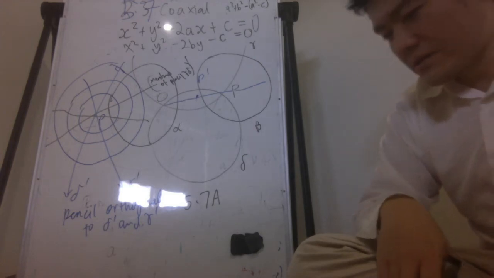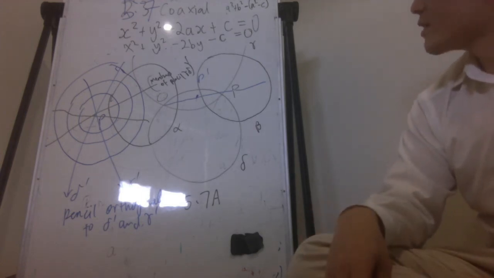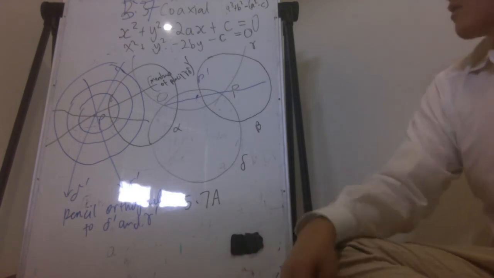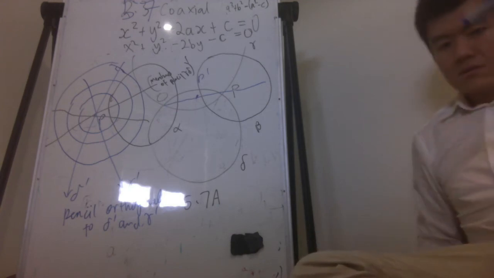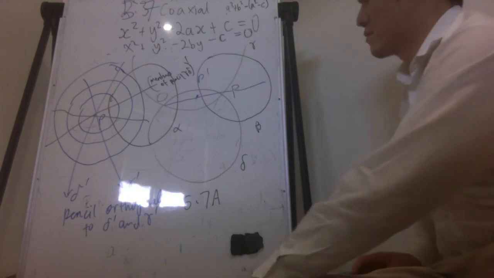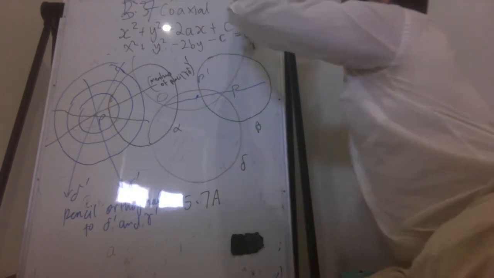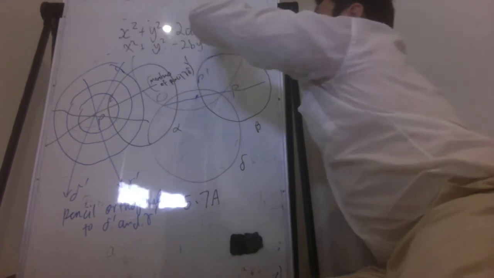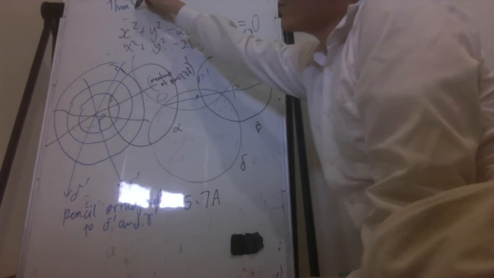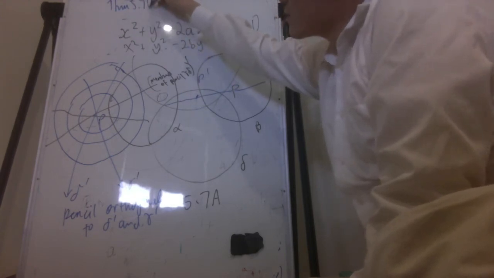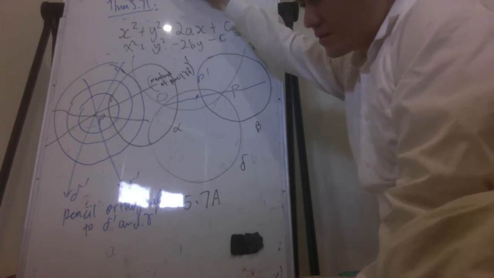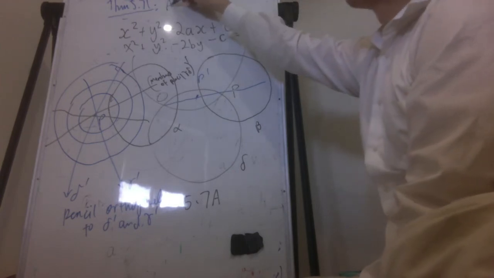Now we know the claim, so this is Theorem 5.721: any two non-intersecting circles can be inverted into concentric circles.